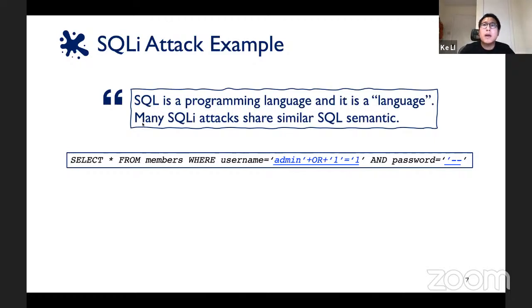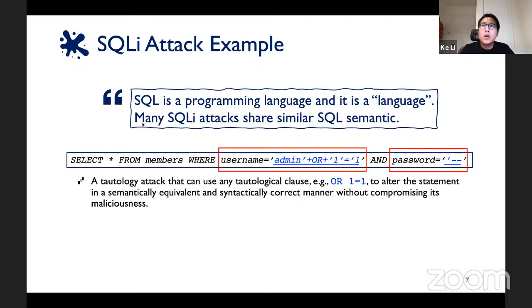So suppose that we have a web application which has 2 input fields, very simple, just the username and the password. If we log these 2 inputs, and then we come up with the test case, which is actually a tautology attack, which means actually you can use any tautological clause to alternate this statement in a semantically equivalent or syntactically correct way.